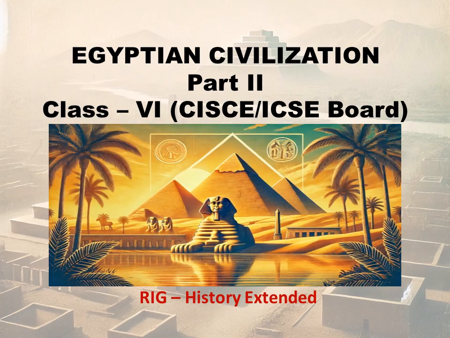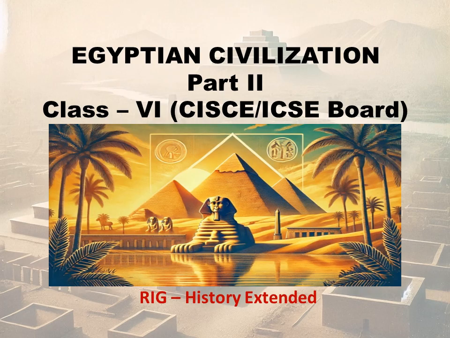Next, we discussed how Egypt is a gift of the river Nile. After that, we discussed the Pharaoh and how they were important in the Egyptian culture. Next, we discussed the Egyptian society and the various hierarchical positions in the society. After that, we talked about family life and also administration.